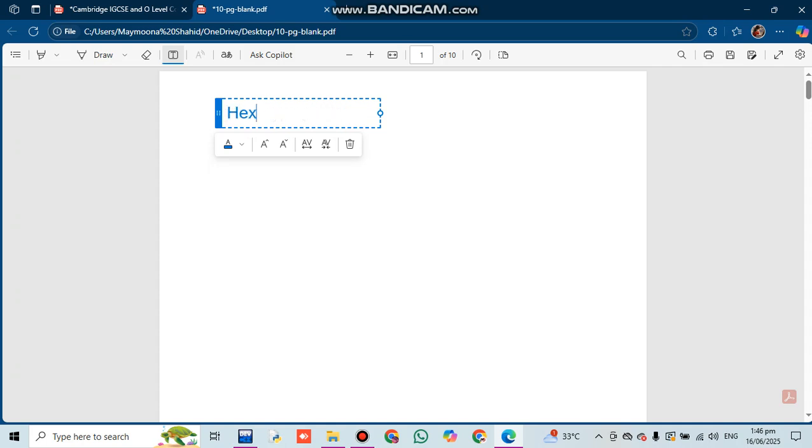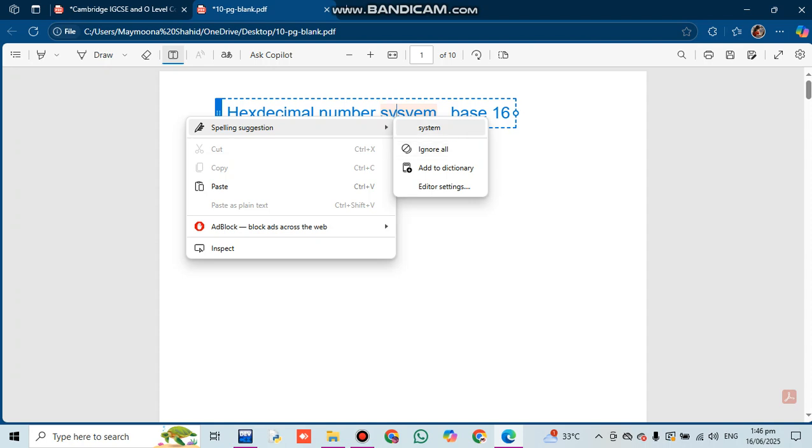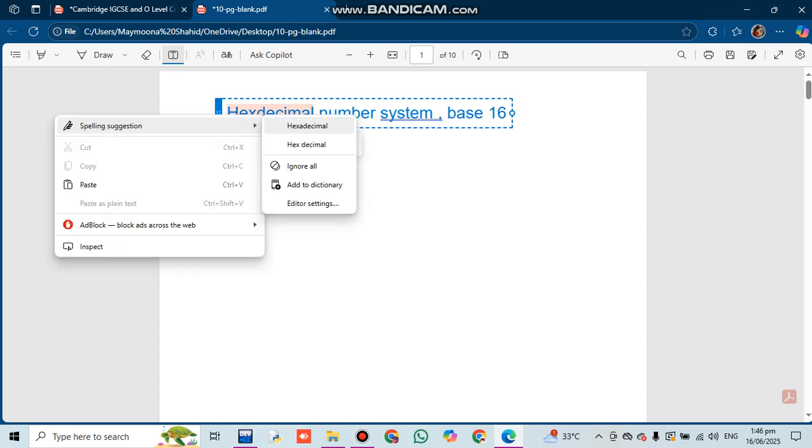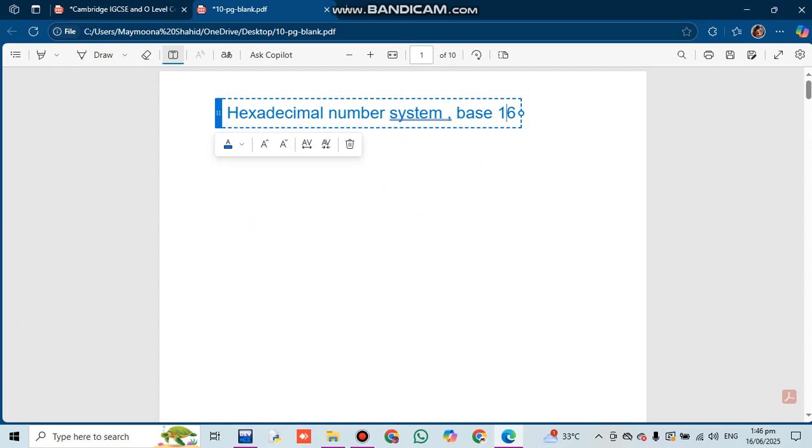Students, you must know that the hexadecimal number system is basically based on base 16. This is a point that you need to understand. It's a base 16 number system.